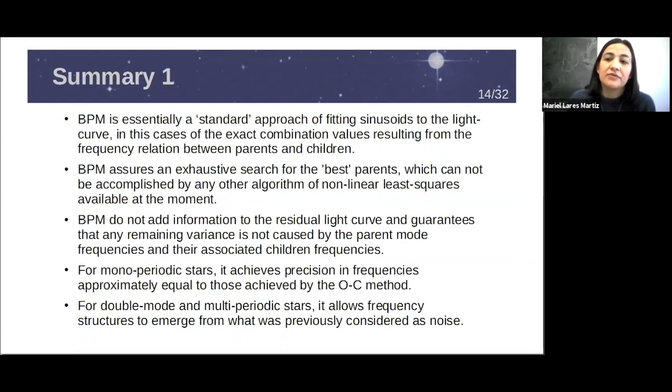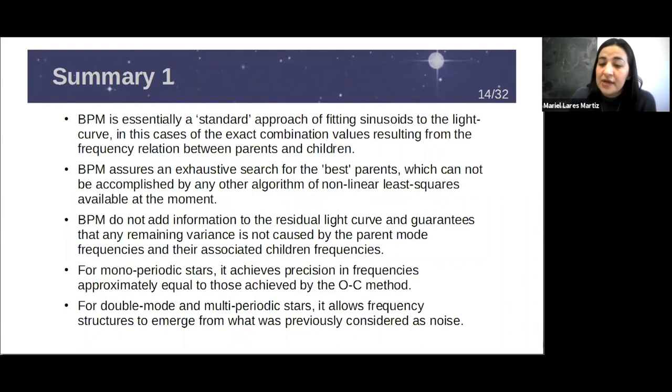So it's not from a pre-whitening cascade with a posterior identification, but a simultaneous fit. And for monoperiodic stars, it achieves precisions equal to those achieved by the O-C method. And for multiperiodic and double modes, it allowed frequency structure to emerge.